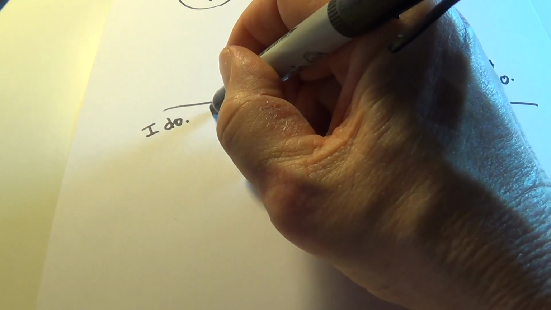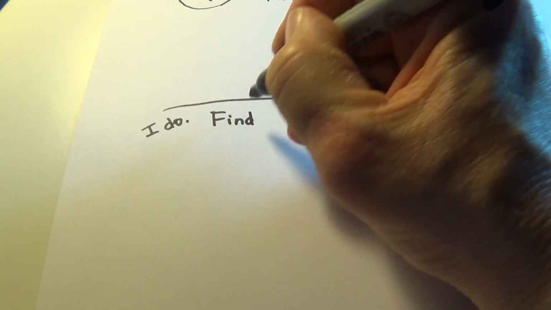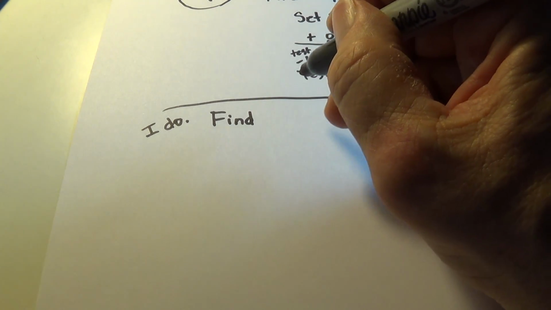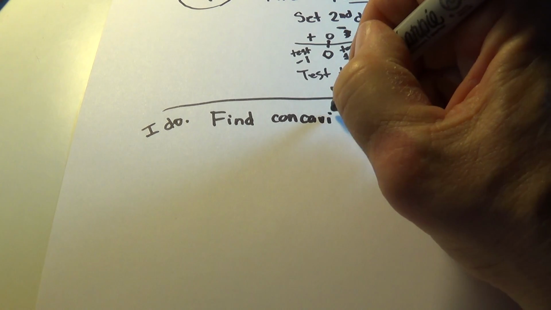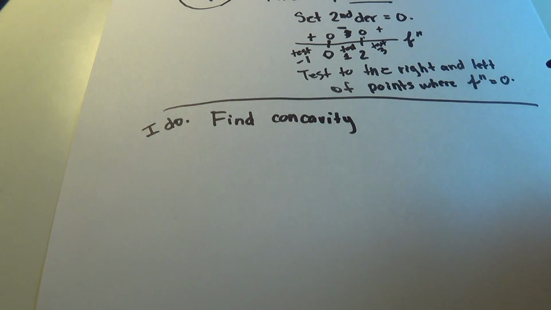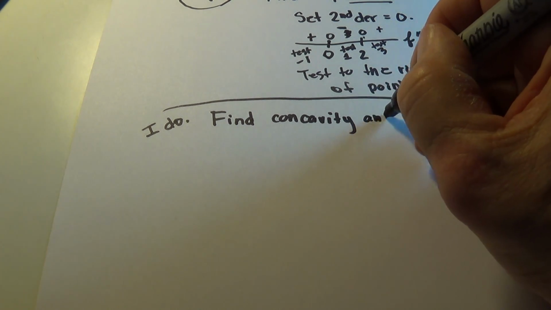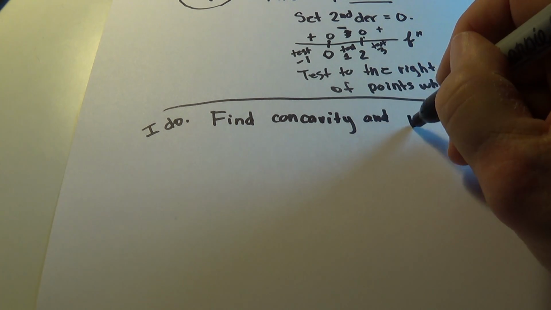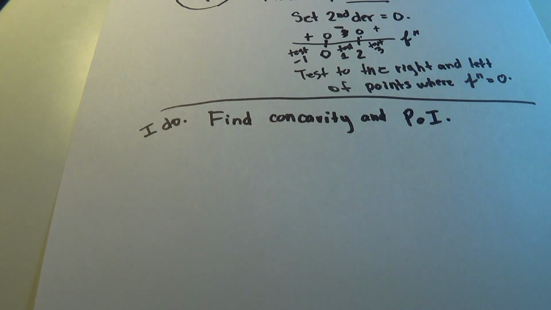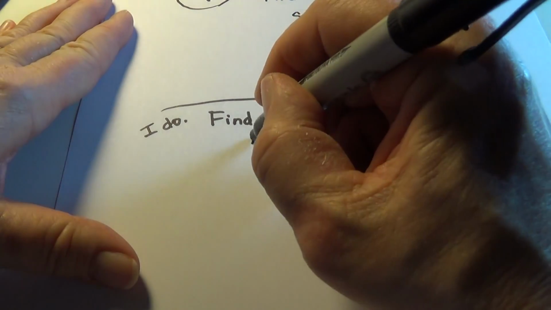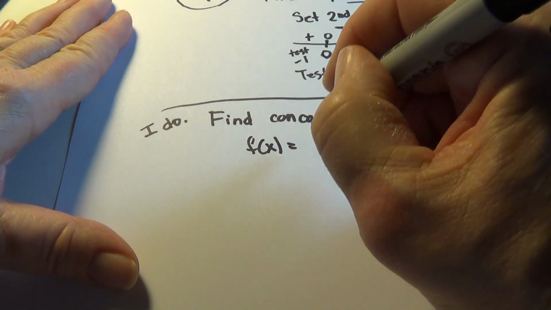So what I want to do, and this is the example, and please write it down, is find where concavity is upwards or downwards. So find concavity and points of inflection, POI. All right, so here's the function that we're going to work this magic on.